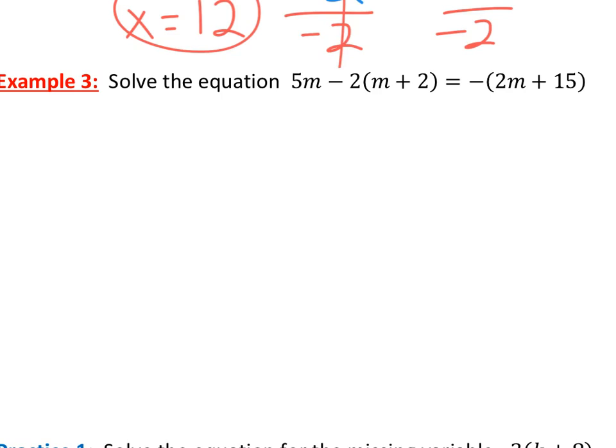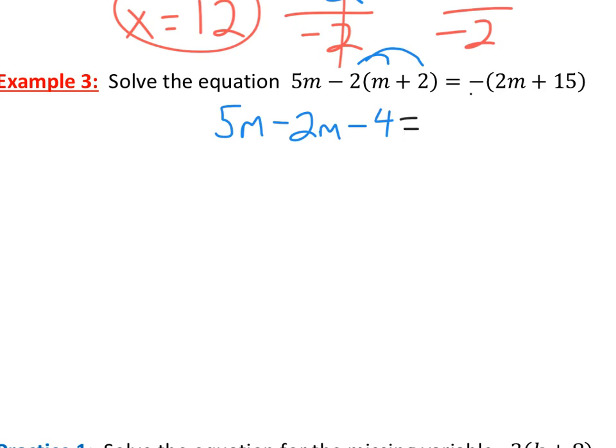So I'm going to start by distributing negative 2 on the left side here. That's going to give me 5m minus 2m minus 4 as I distribute that through.